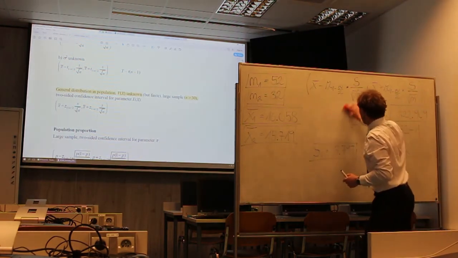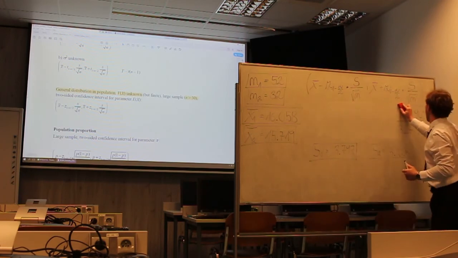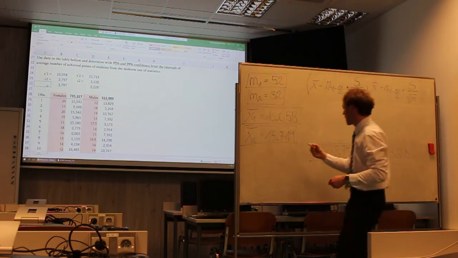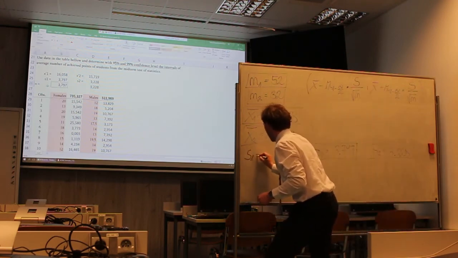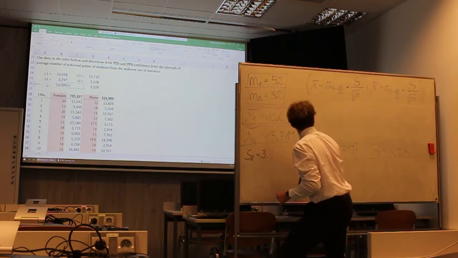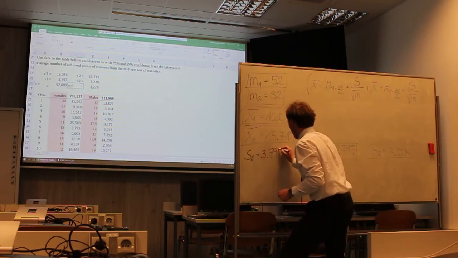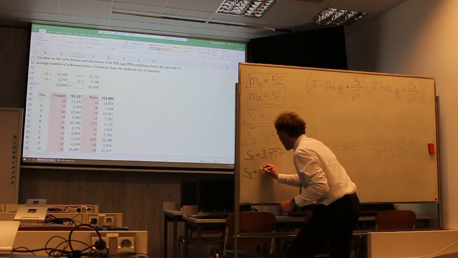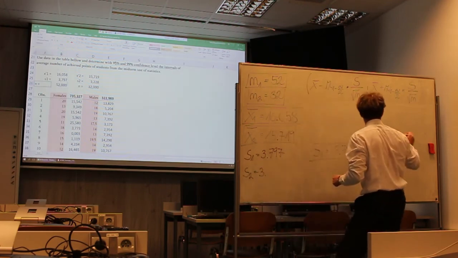I will rewrite these partial values here on the left side. S1 is equal to 3.797 and S2 is equal to 3.228.